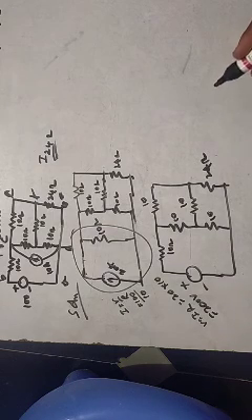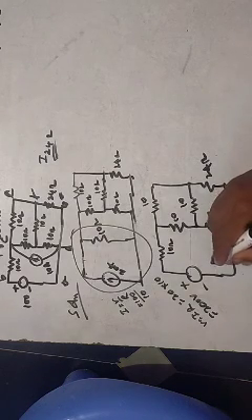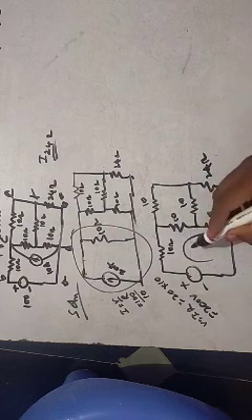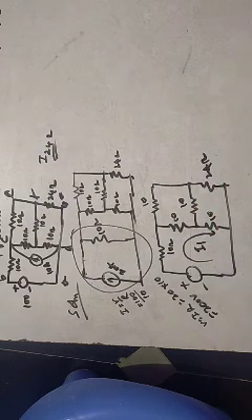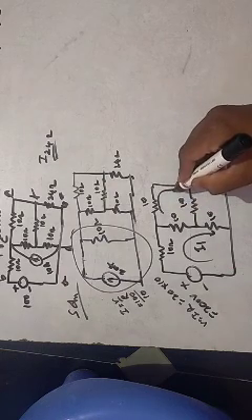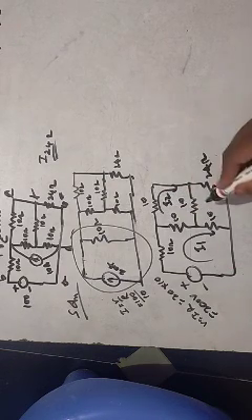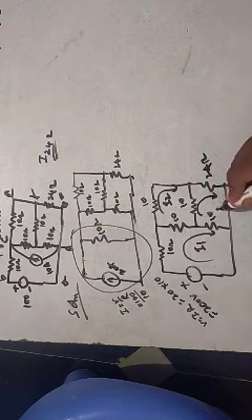What now do we do? We have simplified that. We will assume the mesh current, this is I1. Wherever I take I1, that is mesh 1, and this is I2, and this is I3.